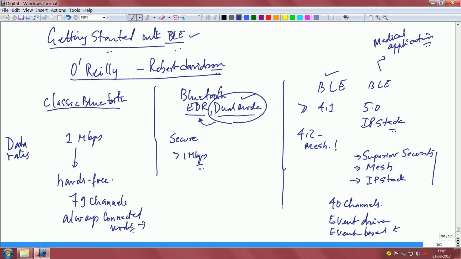Of course, there is a lot of resilience to noise because it uses frequency hop spectrum. Frequency hopping, FHSS as it is called, gives you superiority in terms of immunity from interference from other 2.4 gigahertz devices.